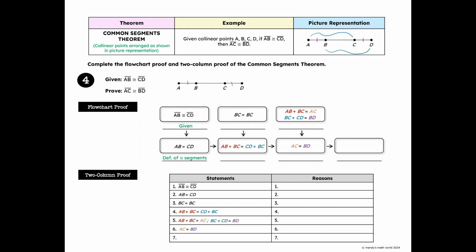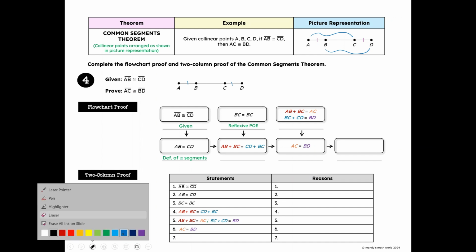Because we don't have BC mentioned anywhere, and I don't always see this in proofs, but I tend to like it, that's the reflexive property of equality. We're using the length of BC in our proof, especially on both sides of the equal sign, which is what we're about to do.